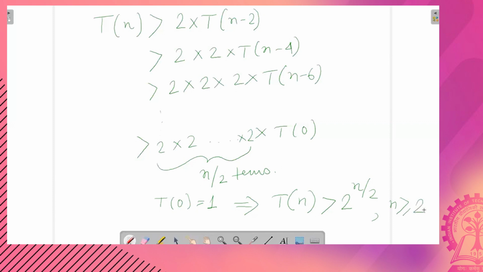For n less than 2, this does not work, and you can easily validate it. For T1, T1 is equal to 1, and 1 is actually less than 2 power half. So for n equals 1, this expression does not hold. Okay.